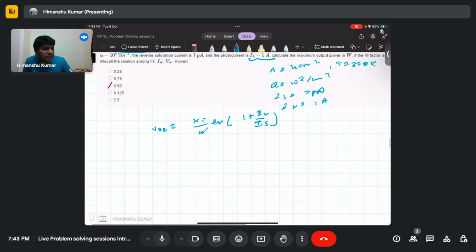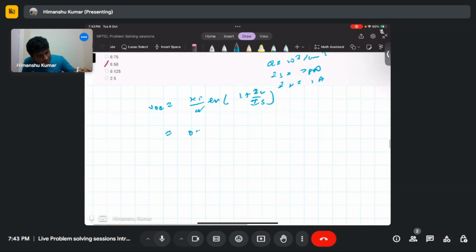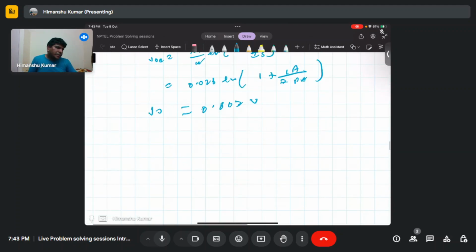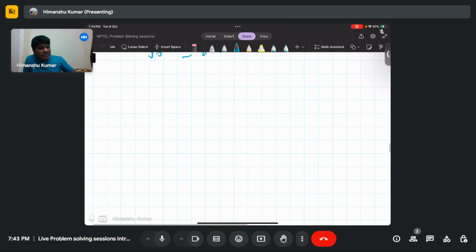This is 0.026 ln of 1 plus IL, which is 1 ampere, divided by IS, which is 7 picoampere. If you put in these values, you will find VOC is around 0.667 volt.